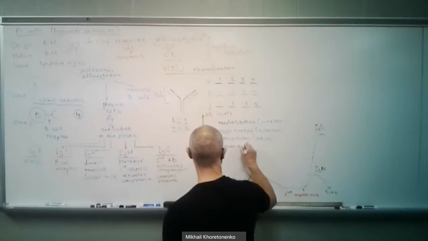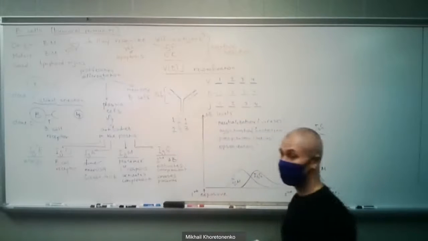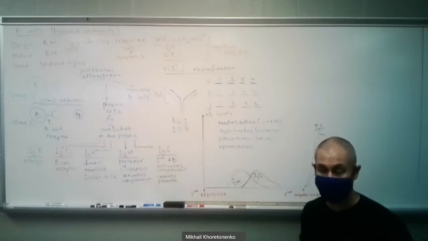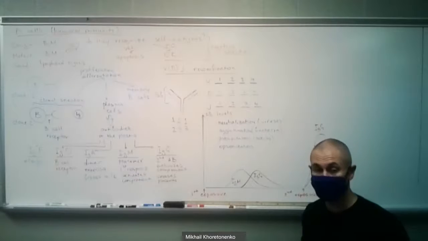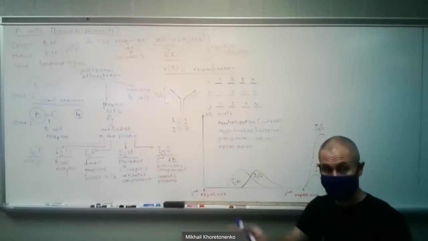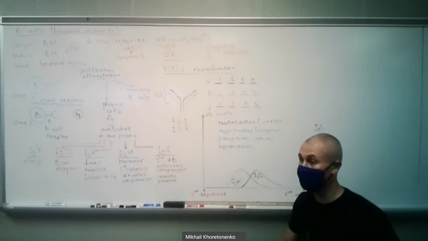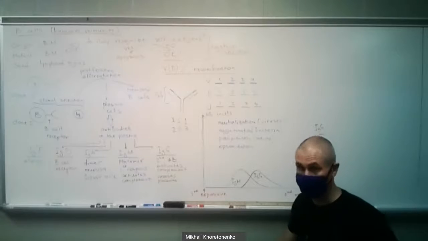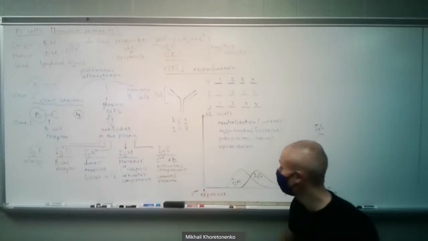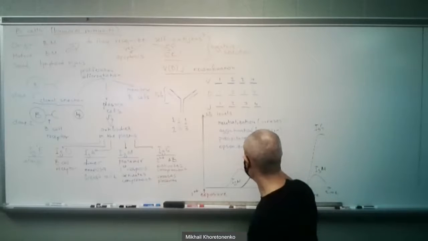The fourth term, opsonization. Remember when we were talking about complement, we mentioned that complement proteins tend to surround pathogens and make them more attractive for phagocytic cells. Does that make sense? Same here. So essentially, increased phagocytosis.